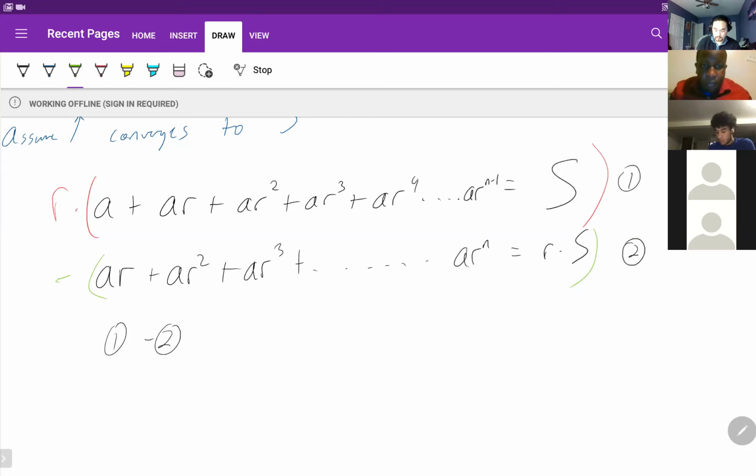Do you see that? This cancels with that, and that with that, and so on and so forth, until the one before AR to the n. So that gets me A plus AR to the n equals S minus RS.